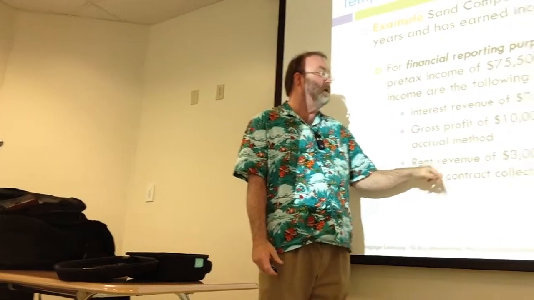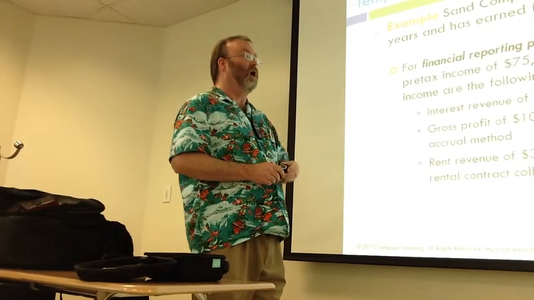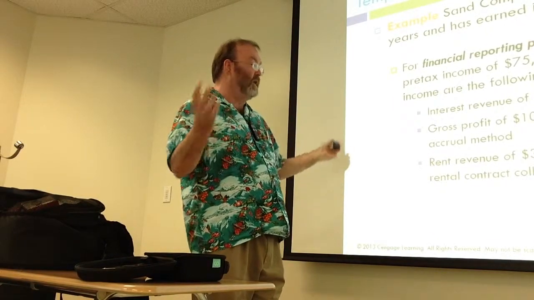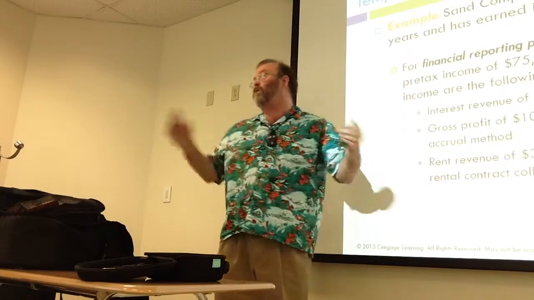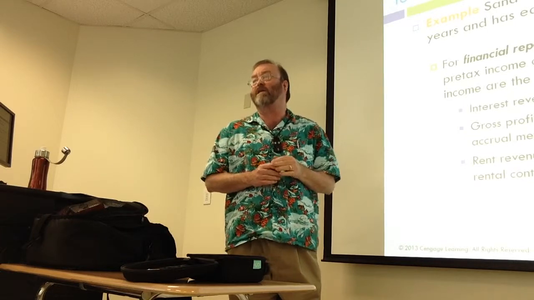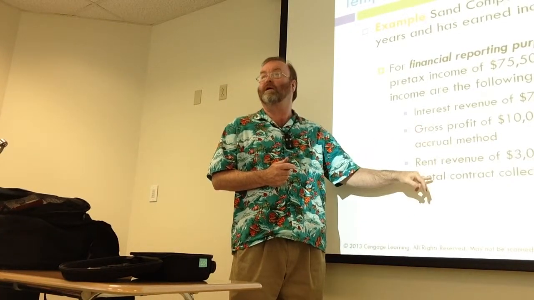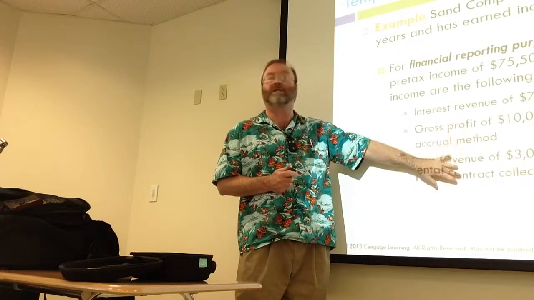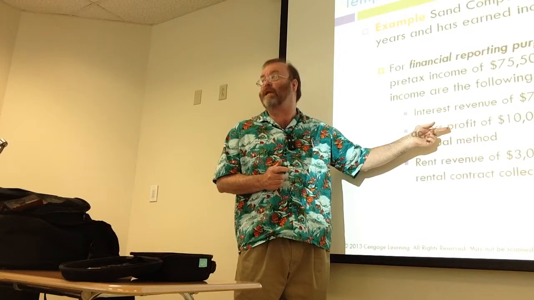And then lastly, we have rent revenue on a 3-year rental contract that was paid in advance. So all 3 years, $3,000 per year has been collected. This is taxable. This is not. Okay? So this one is generating a tax liability.